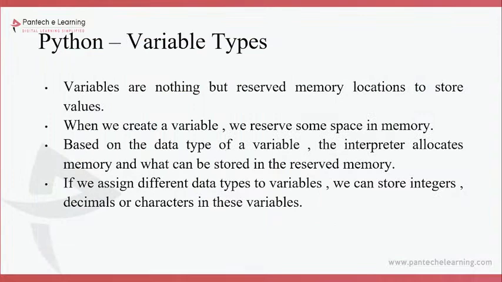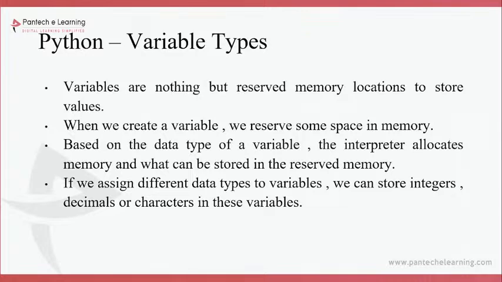Now we are going to discuss variables. What are variables? Variables are like a storage or a container which is used to store values. In programs we use variables to store values.